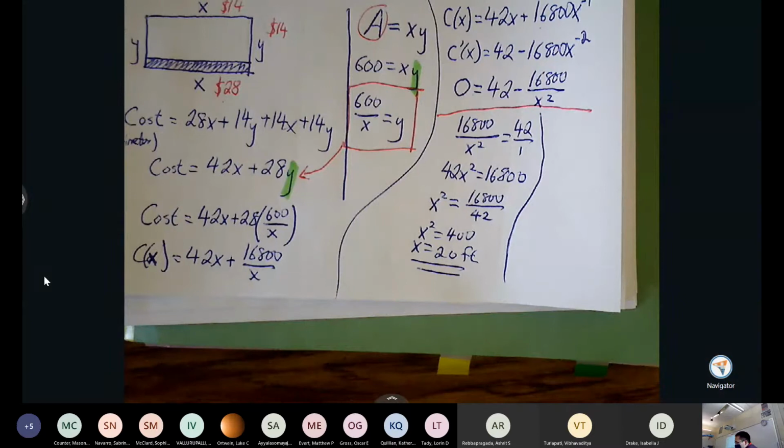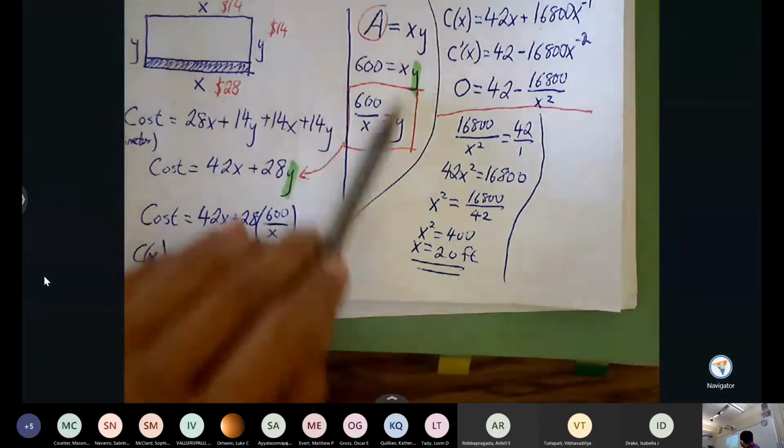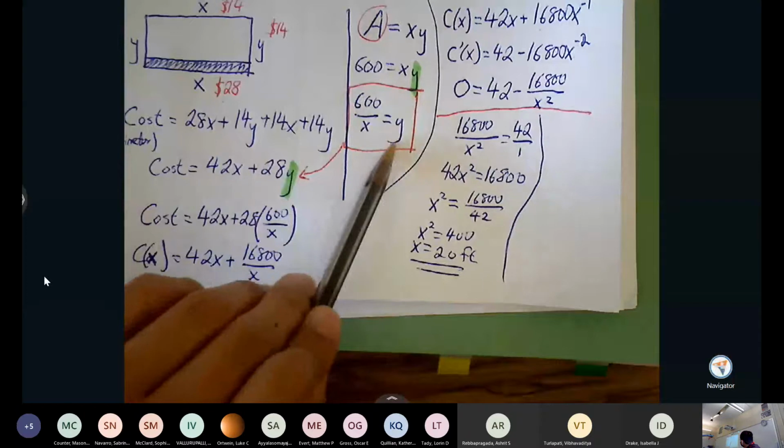Let's go back. What information are they looking for besides x? They're asking for dimensions, so we want to have y as well. So dimensions, we need to see if there's a y equation. There is, so use that.